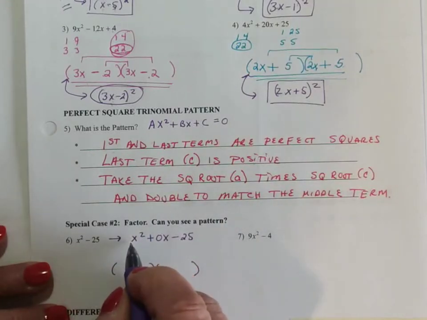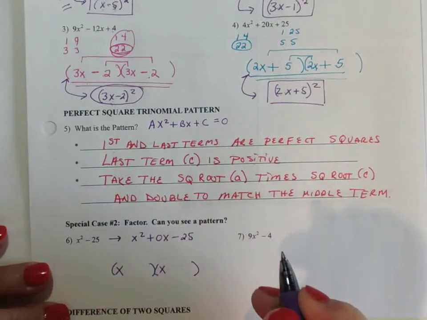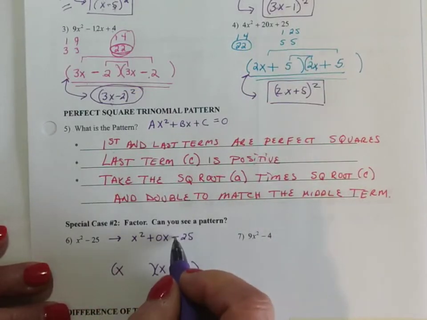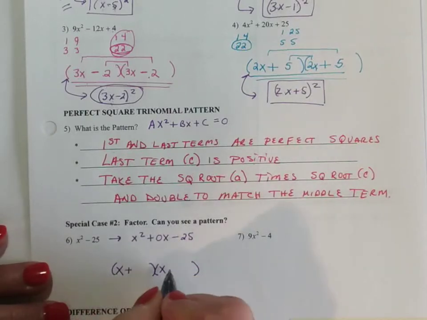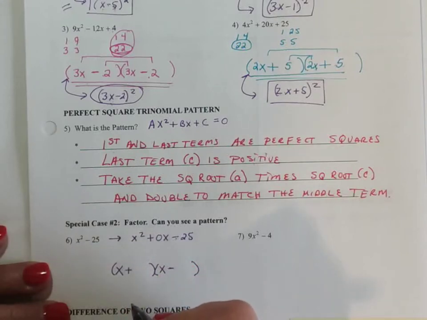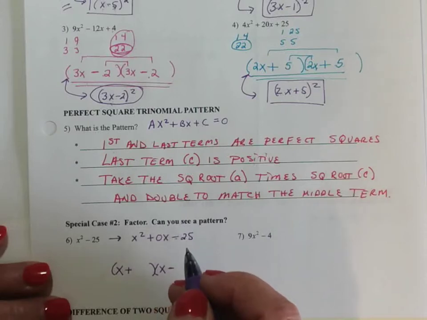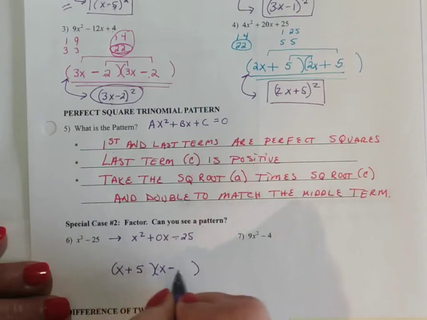The only way to get x squared is x and x. The signs have to be positive and negative, since c is negative. And the only factors of 25 are 1 and 25 and 5 and 5. Well, what's 5 minus 5? Well, that's 0. 5 and 5.